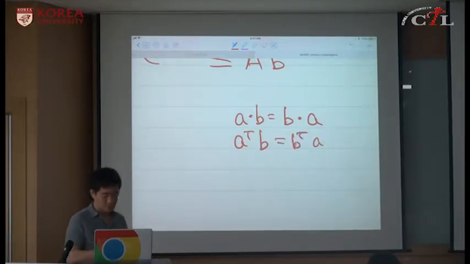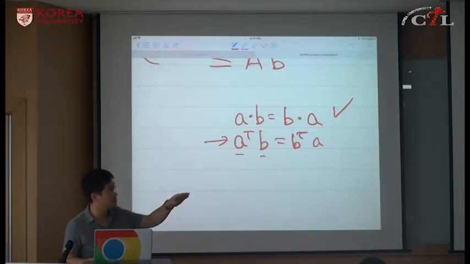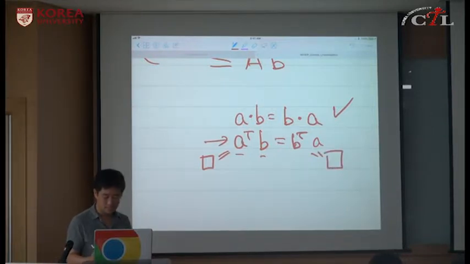In this inner product notation, we assume A and B are vectors, but the second equation is just an example of a matrix multiplication. In that case, A and B may be matrices, and this one is not equal. But in case A and B are vectors, this is overall creating just a scalar value, and this guy and this guy will be the same.